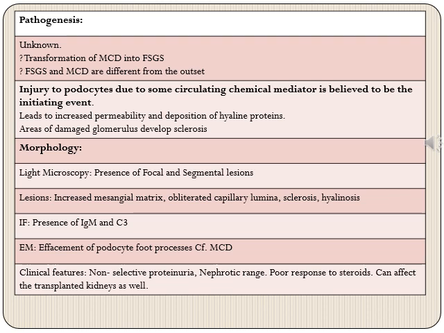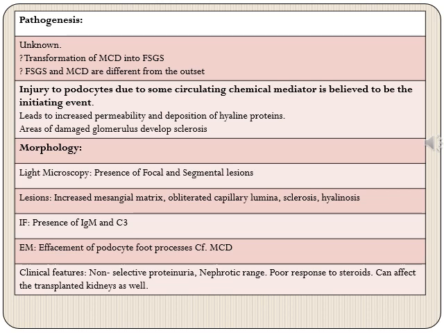Morphology. On light microscopy, there will be presence of focal and segmental lesions, that is, some of the glomeruli will be involved and a part of the glomerulus will be involved. Then in the lesions, there will be increased mesangial matrix, obliterated capillary lumina, sclerosis and hyalinosis. Then on immunofluorescence, there will be presence of IgM and C3 deposits, and on electron microscopy, there will be effacement of podocyte foot processes.